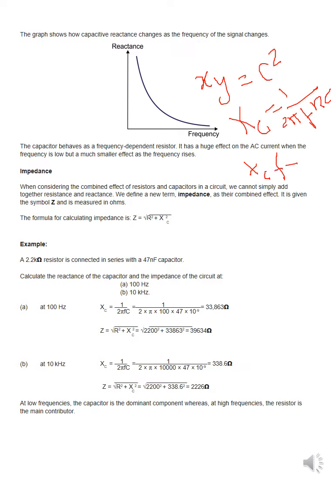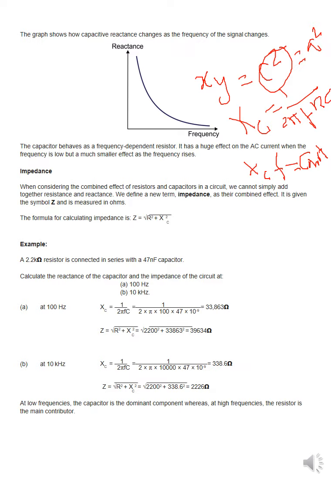So we can say XC into f equals a constant, or we can say that this constant equals a squared. So reactance into frequency equals a constant, and the graph is like a hyperbola. This is called a hyperbolic plot.